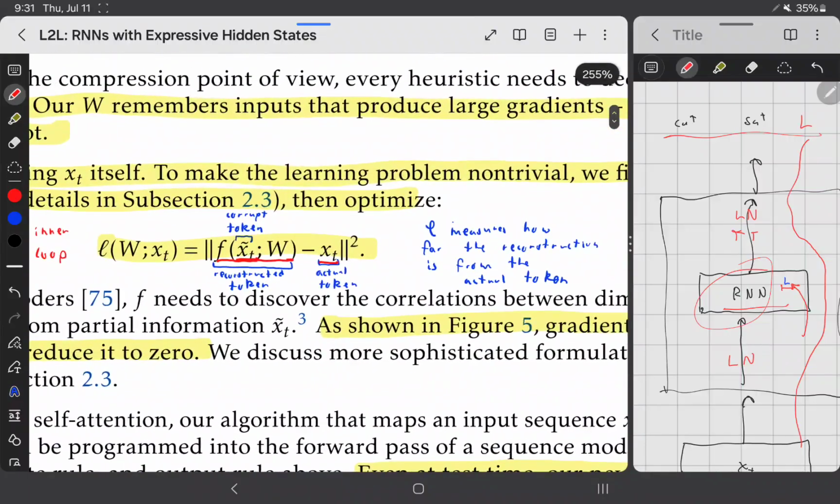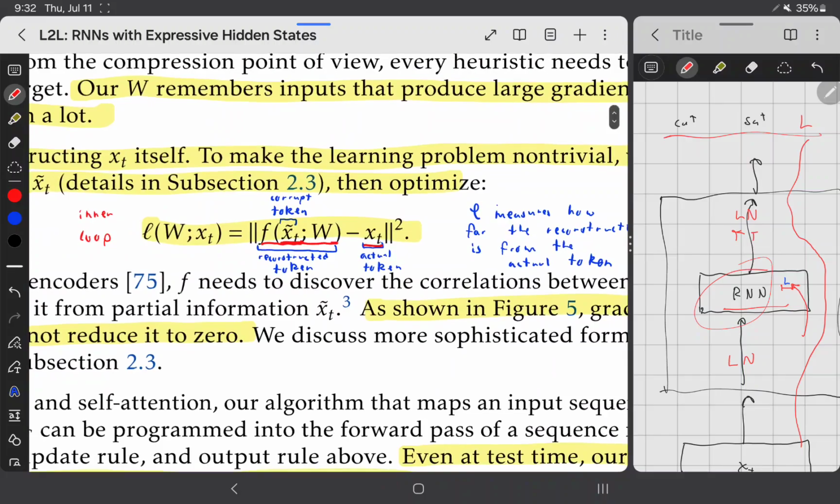Note that this is the inner loss. So this loss function doesn't make sense for the actual task, but what we want this loss to do is basically tell us which tokens are more useful than others. So this loss function is just a reconstruction loss.